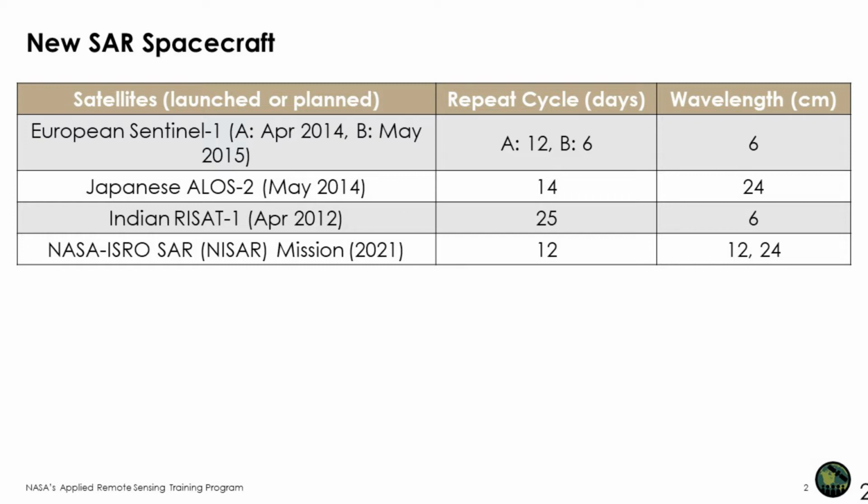The newer spacecraft that have been launched recently are the European Copernicus Sentinel-1 satellites. They're launched by the European Space Agency, but they're actually owned by the Copernicus organization that's funded by the European Union.